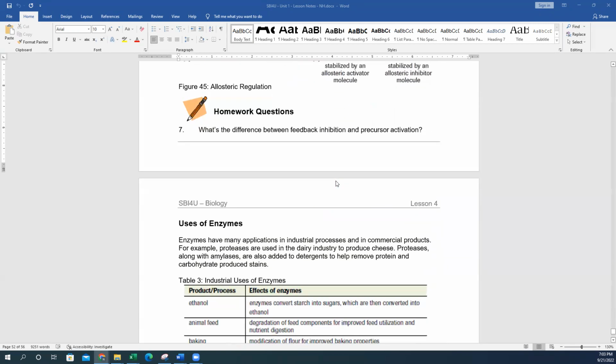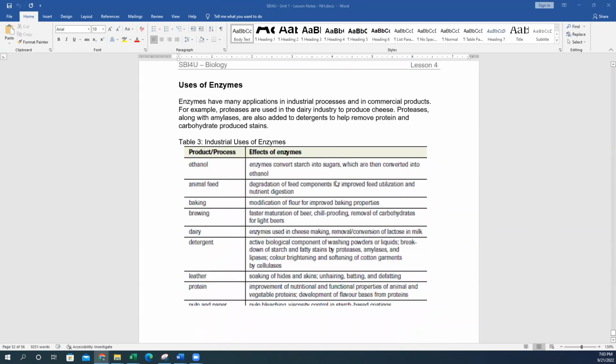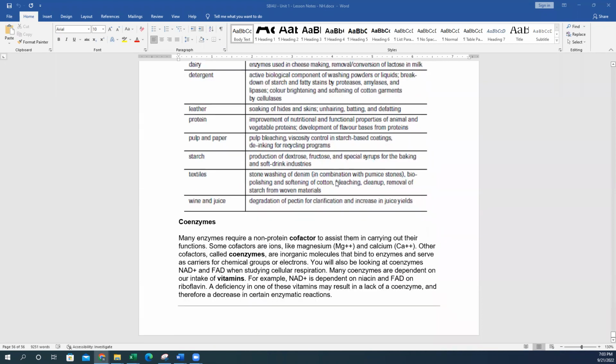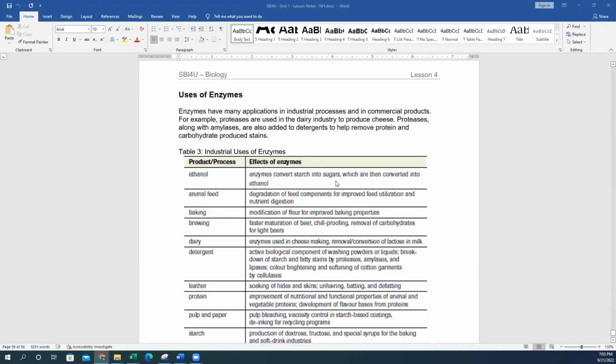Now let's take a look at what are some of the uses of enzymes. So enzymes, other than, of course, within organisms, where as you could see they catalyze thousands of reactions in metabolic pathways, and that's certainly one role that they have, but they also can have many applications in commerce and in industry.